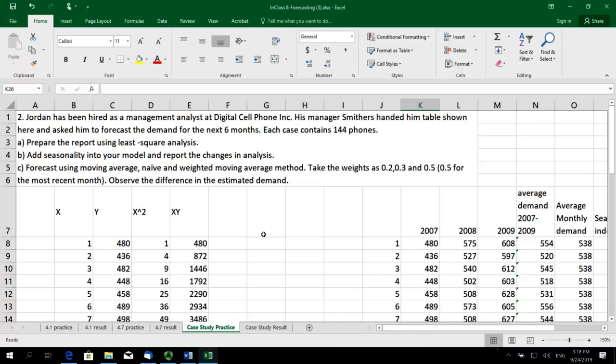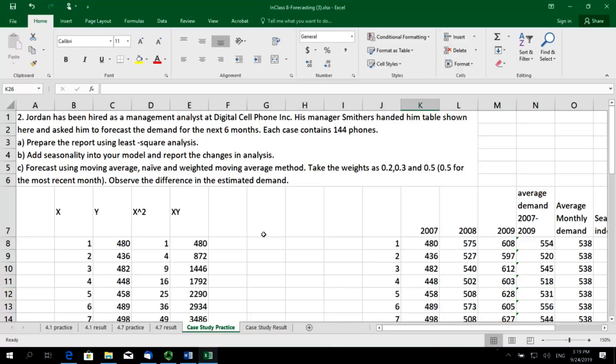A is prepare the report using the least square analysis. Basically, you are asked to generate a linear line. For the linear line, you need to figure out what the B value is and what the A value is. Then Y equals A plus BX. A is the intercept, B is the slope.